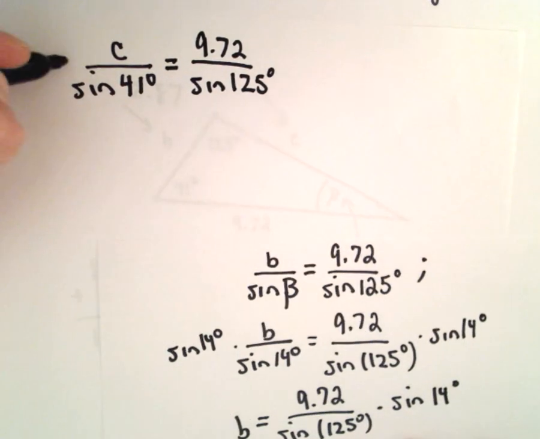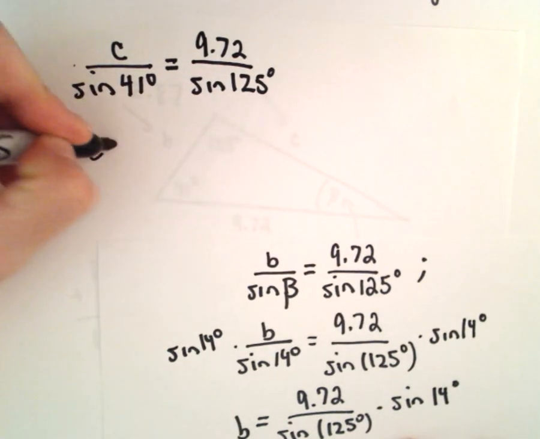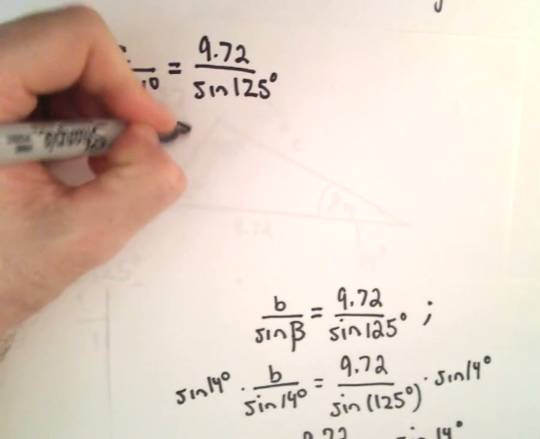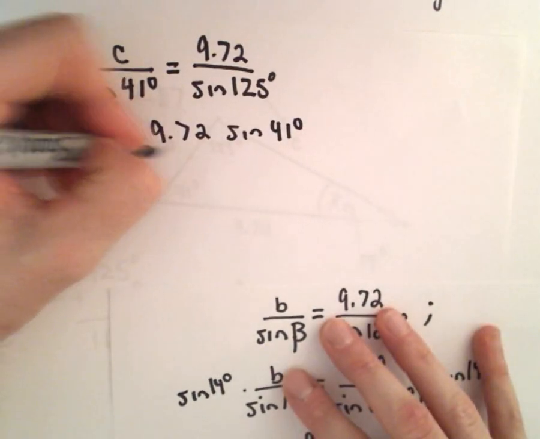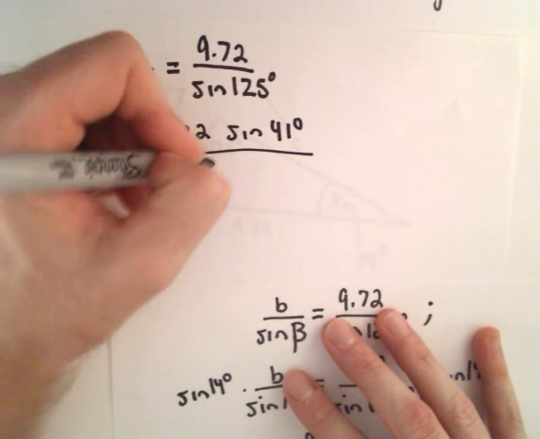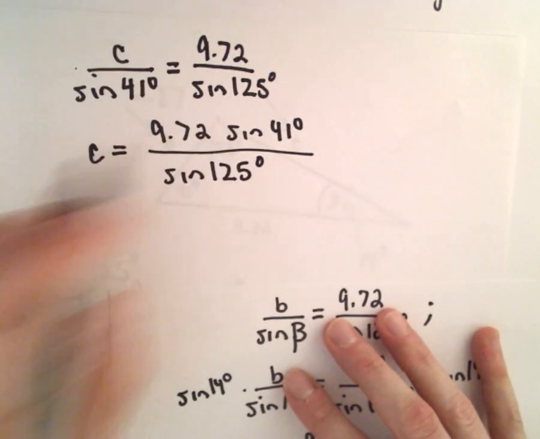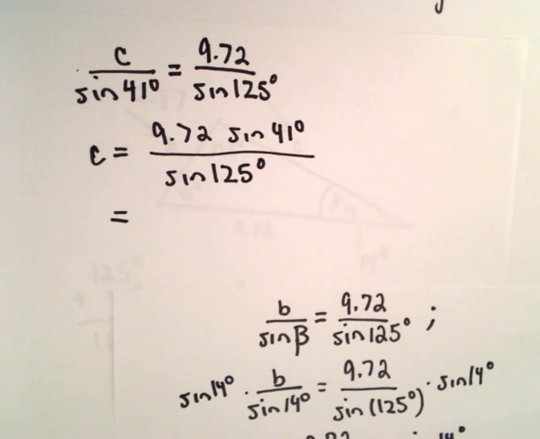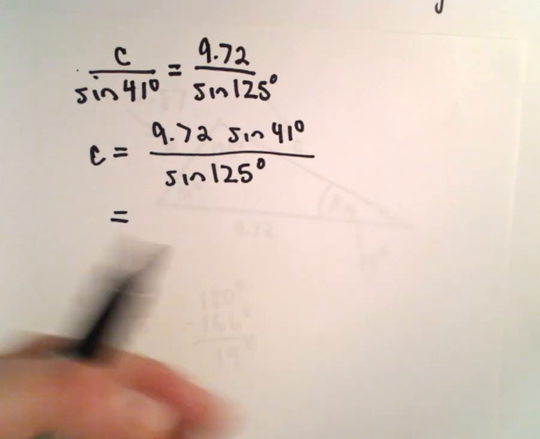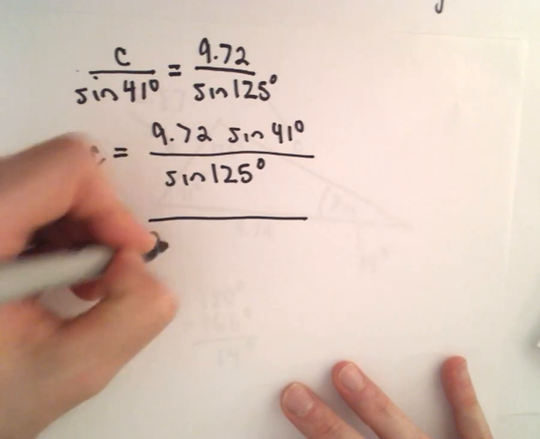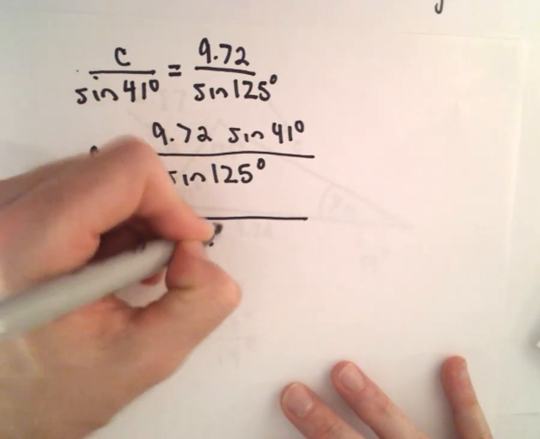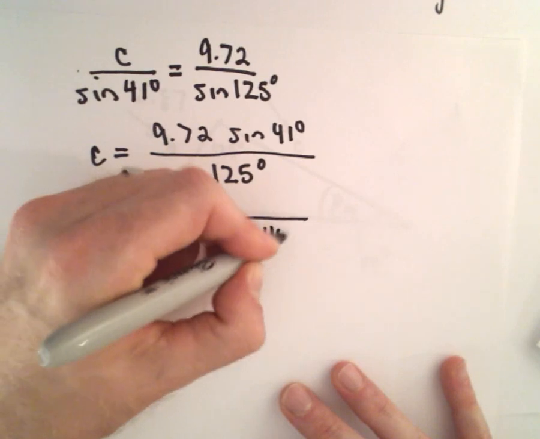And we'll do the exact same thing. Multiply both sides by sine of 41 degrees. So we'll have sine of 41 degrees divided by sine of 125 degrees, again being multiplied by the 9.72. So let's see, we said sine of 125 degrees was 0.819152044.